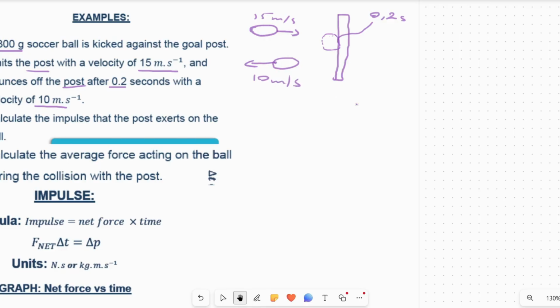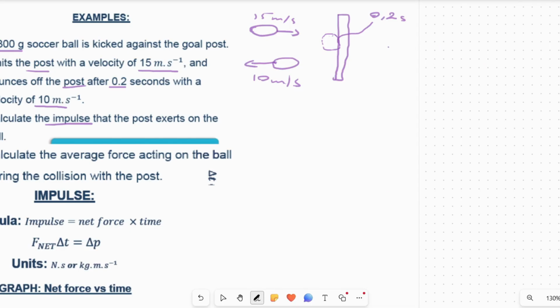That's what happened there. So now the question is: calculate the impulse that the post exerts on the ball. I want you to understand that. Calculate the impulse. So what is impulse?